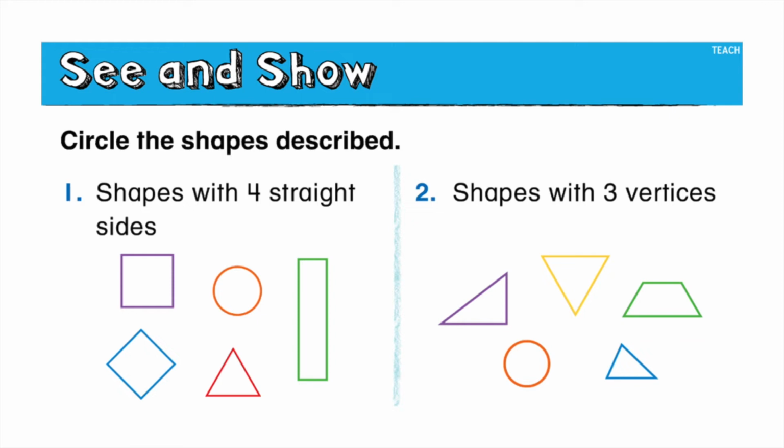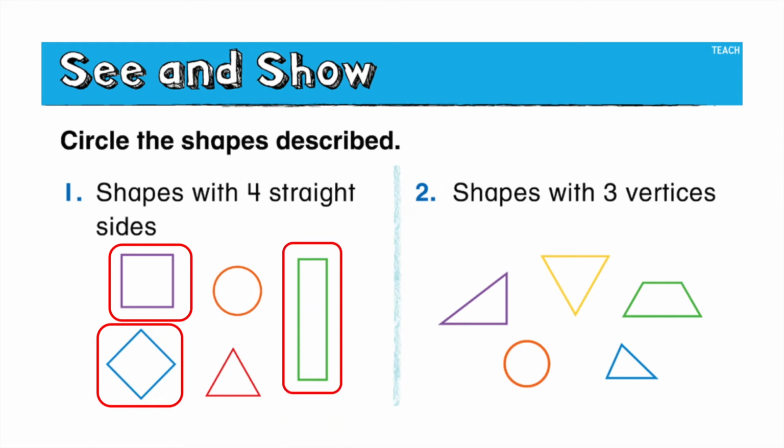Let's check your answers for number 1. The square has 4 straight sides. The rhombus has 4 straight sides. And the rectangle has 4 straight sides. Now let's look at problem number 2. It is asking us to circle shapes with 3 vertices.